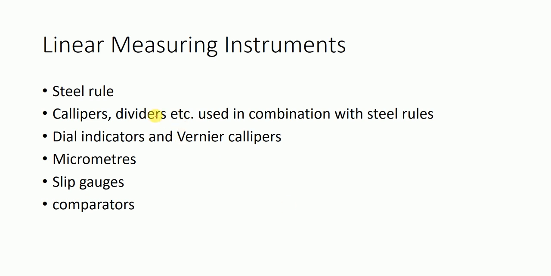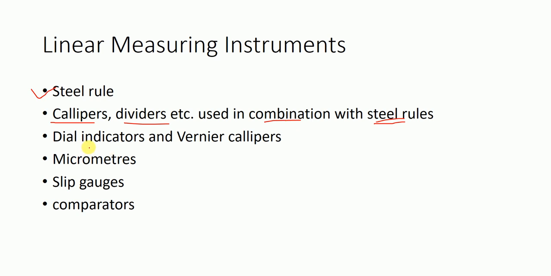Now there are various linear measuring instruments. Which are these instruments? For linear measurement, steel rule can be used. Calipers, dividers, etc. are used in combination with the steel rules. They are not used alone for the measurement of the distance between two lines or surfaces; they are used in combination with the steel rule.